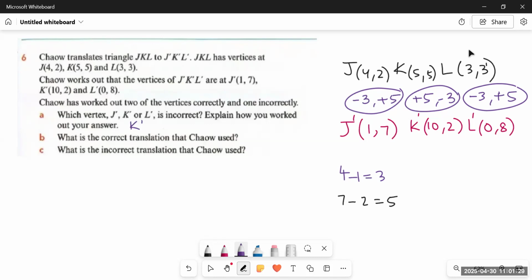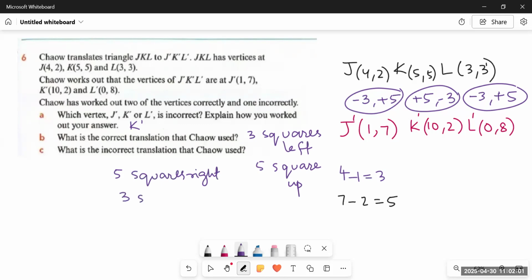What is the correct translation? It's for J' and L': 3 squares to the left, minus 3 means 3 squares left, and 5 squares up, because it's up, plus 5. The incorrect translation that Chaos used was 5 squares to the right, 3 squares down.